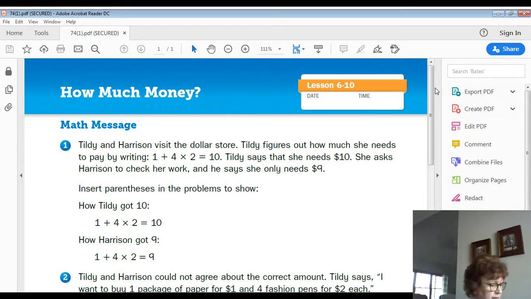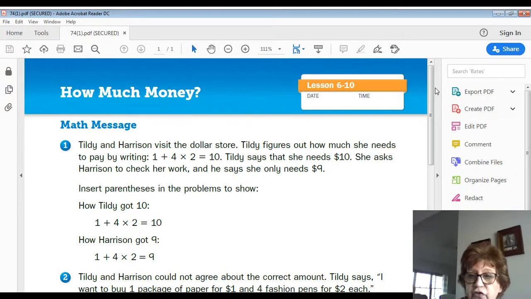All right, so here's how Harrison got his answer. So he did 4 times 2 first, which is 8. And 1 plus 8 is 9. So you can see why we have to have some way to regulate that mathematicians everywhere would do the same thing and get the same answers.